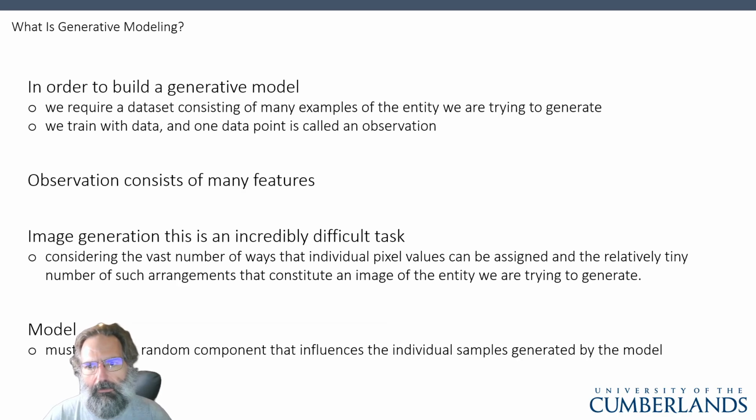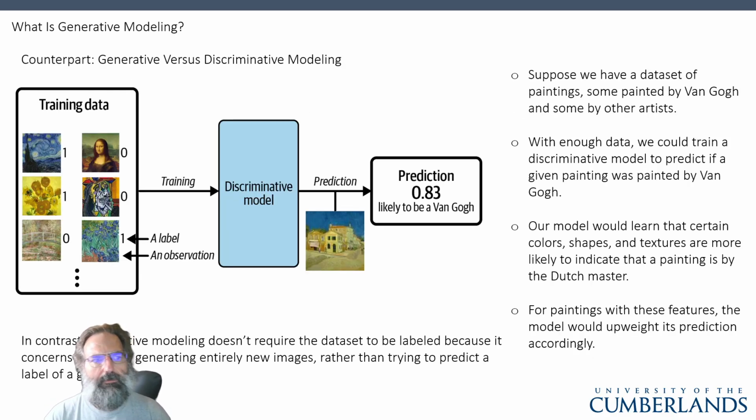The better they are, the more likely they are to fool our brain into thinking they are what they're trying to be. Then we have this model that's another piece of the equation, which introduces a certain amount of randomness to make sure that what it's generating is unique, so that it isn't going to be the same thing over and over.